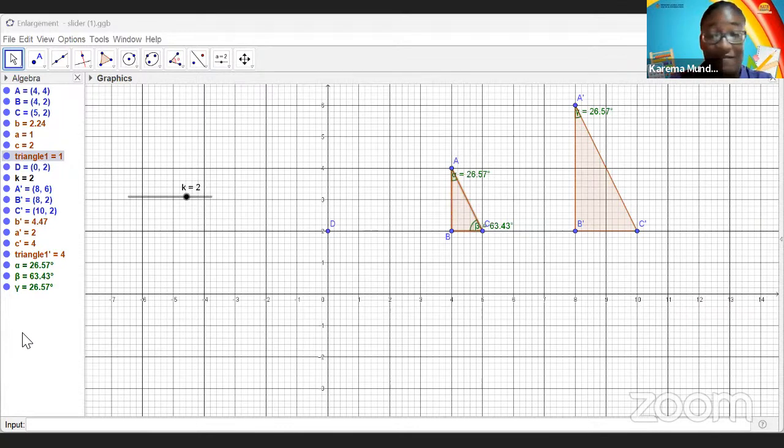I'm watching the chat very closely. Danae is saying the same thing. So I think Acacia is now cleared up. Awesome. So we're noticing that this distance has been multiplied by 2.